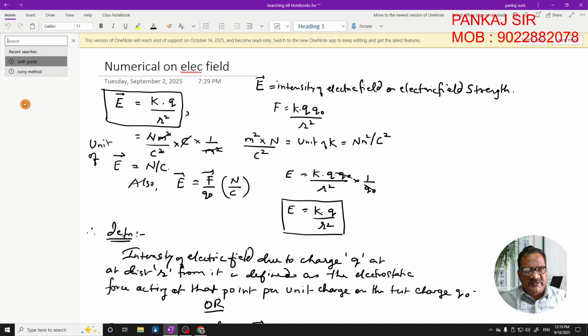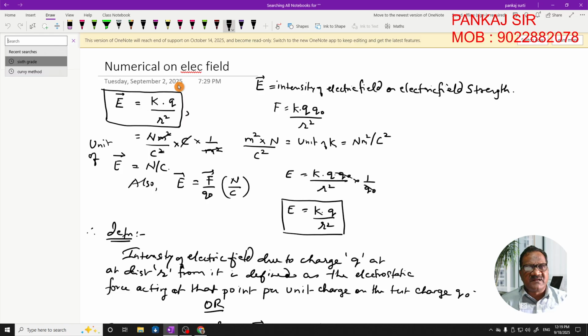Today we are going to do some numericals based on electrical field, and this is for the IBDP curriculum, and the chapter name is electrostatic and magnetic fields.